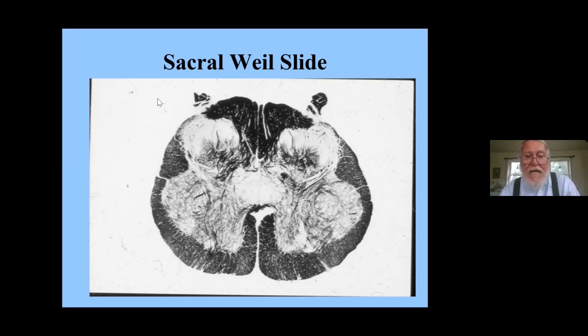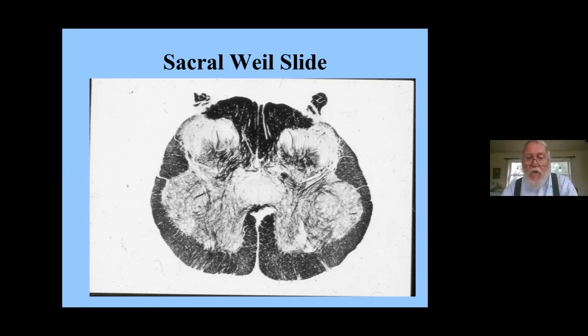What you can see here is the fasciculus gracilis, which is heavily stained here because those are heavily myelinated fibers entering from the dorsal root ganglion, directly going in here and shooting up through the dorsal columns.